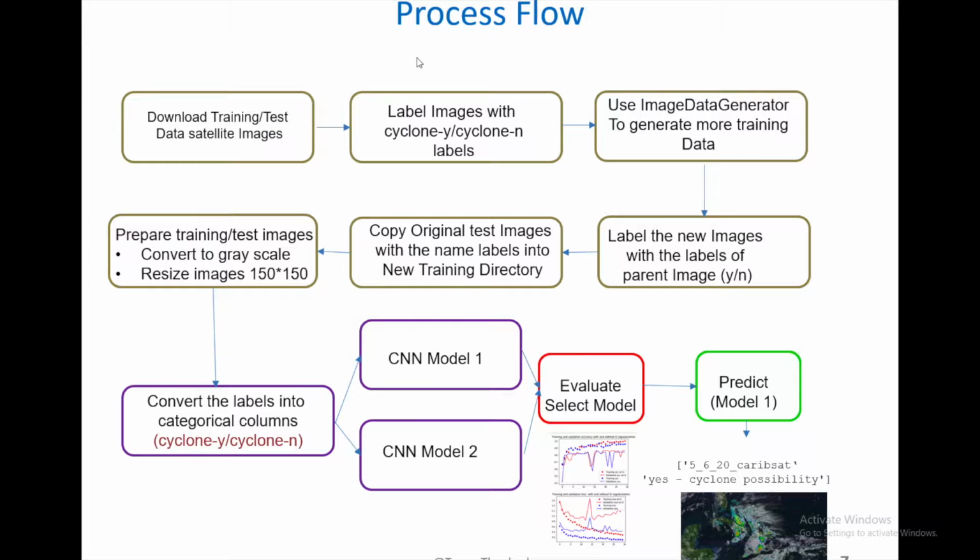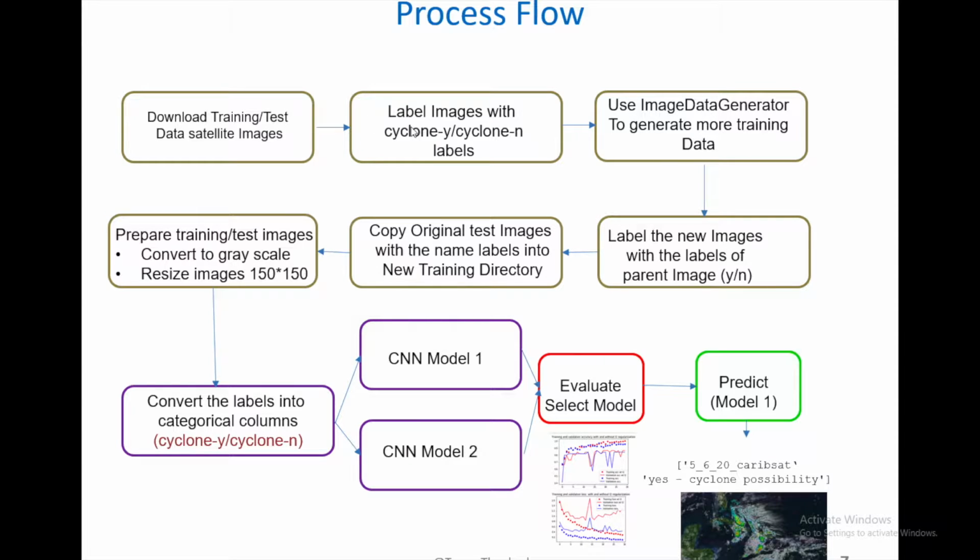The process flow for this project: the first step I started with was to download the training and the test data satellite images, and then split them into different folders, one for training and one for testing. Since this was a completely new project, there were no labels associated with the satellite images.